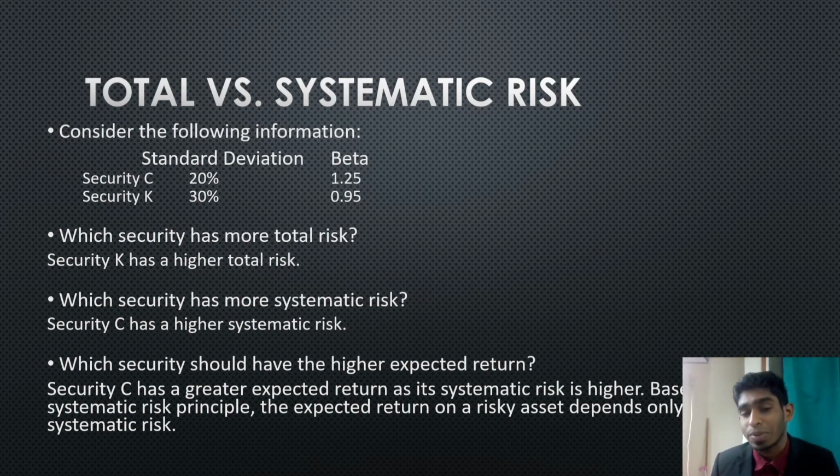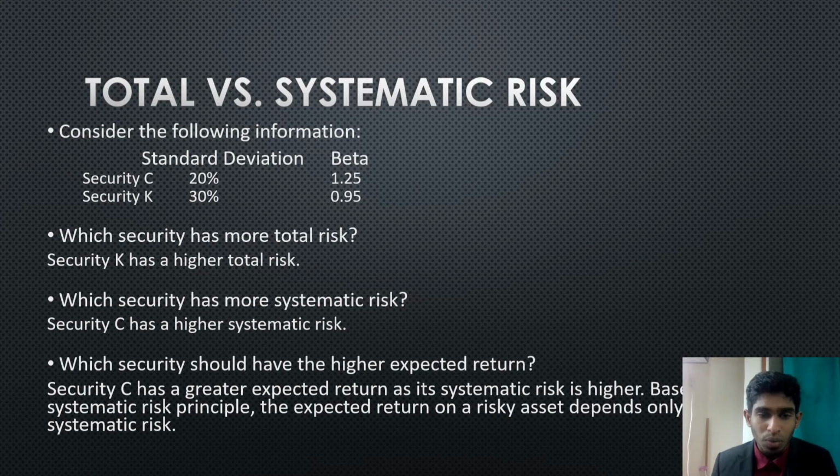Security K is 30%, and then the beta of security K is 0.95. Tadi kita nampak kan beta ada tiga jenis. Satu less than 1, more than 1. Kalau satu is the same as the overall market. Less means less systematic risk than the overall market. More means more systematic risk than the overall market.